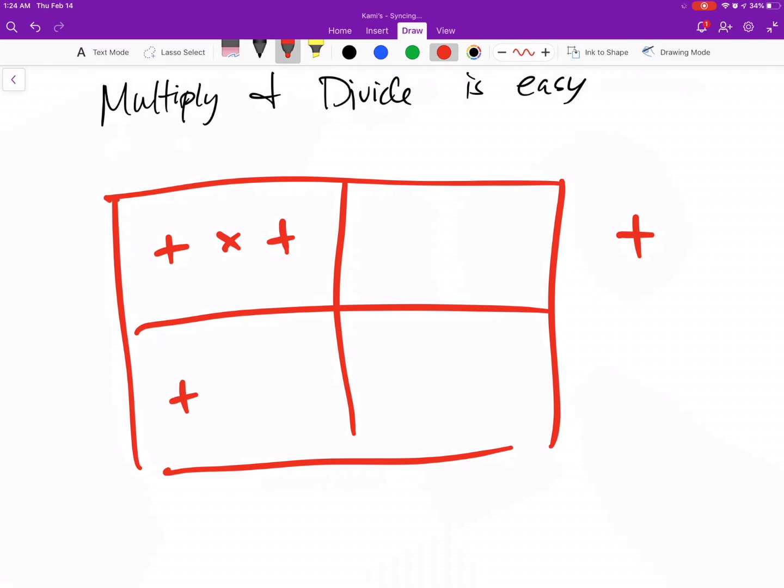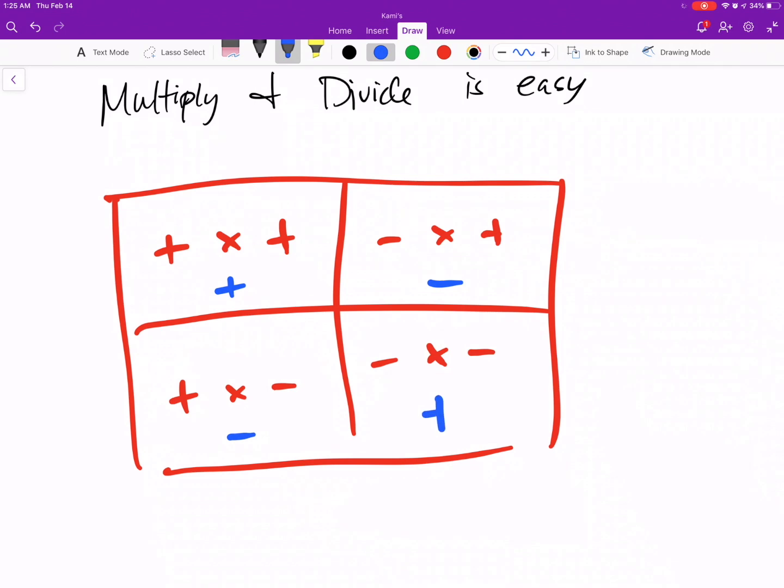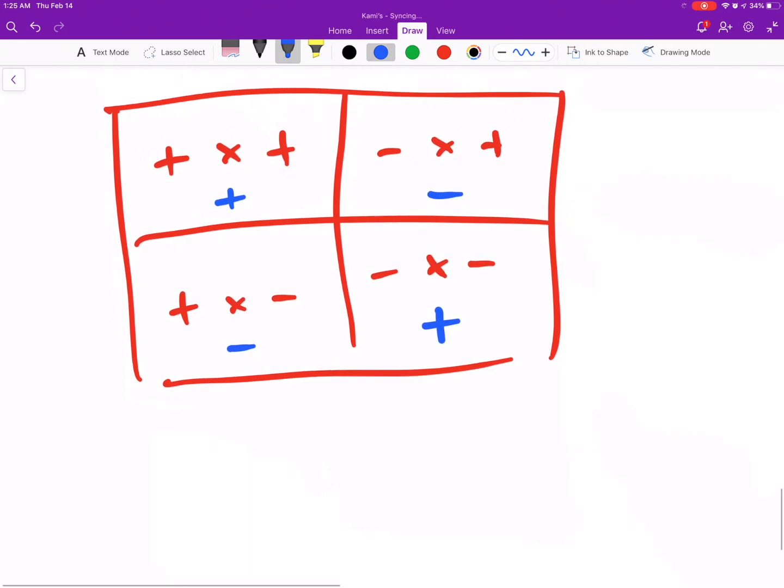If you multiply a negative, if you multiply, you get positive. If you multiply a positive and a negative, you get a negative. If you multiply a negative and a positive, you still get a negative. And if you multiply a negative and a negative, you get two negatives make a positive, right?